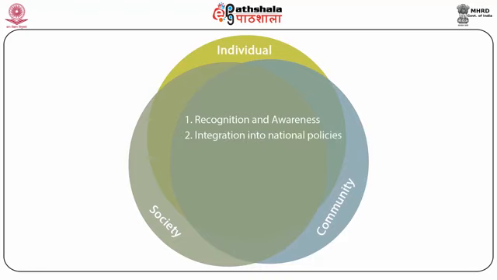Integration into national policies is important; it should be part of the national policies. If you look at a country like Bhutan, they have a national policy on media and information literacy, and in fact the website of their information and broadcasting ministry has that policy on it.